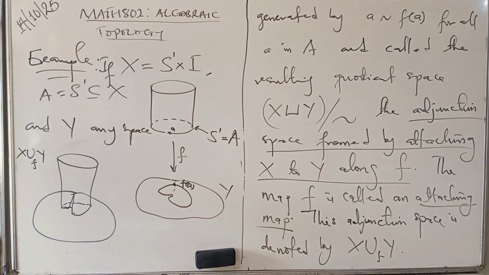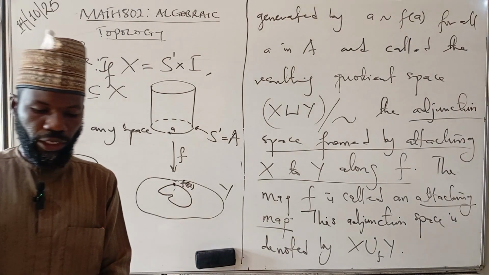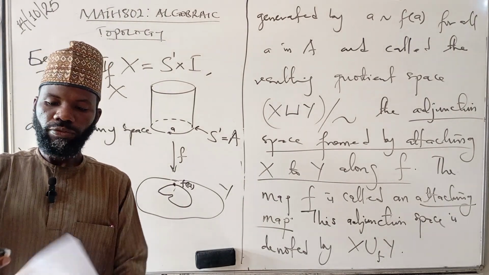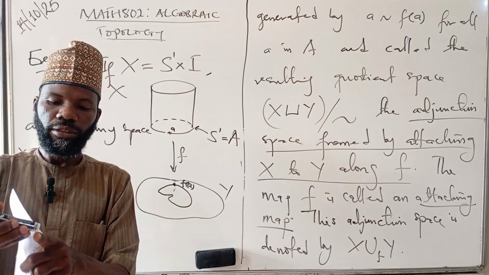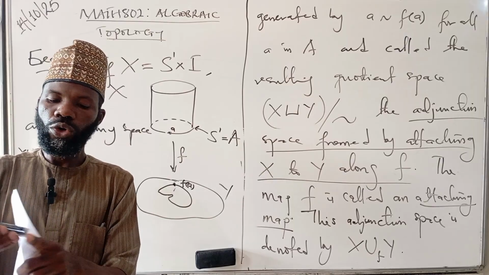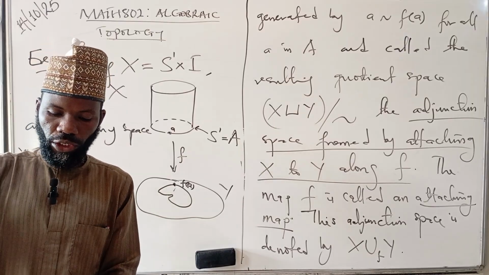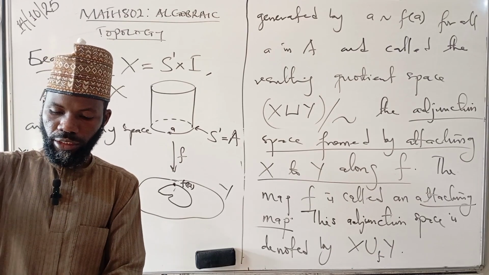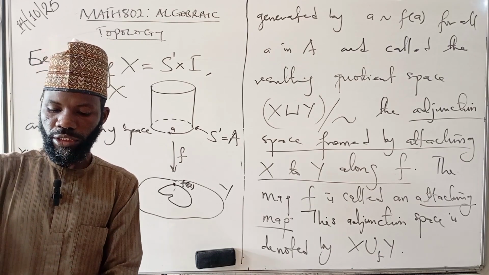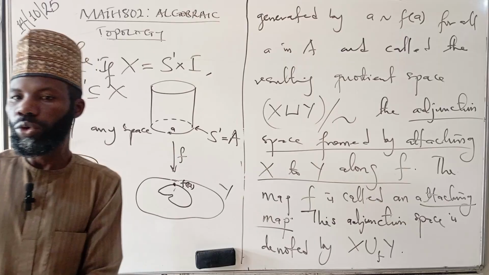So I can always take a space, and if you have a mapping which is continuous from a closed subset of the space into the space down here, I can glue it together along the closed subset.